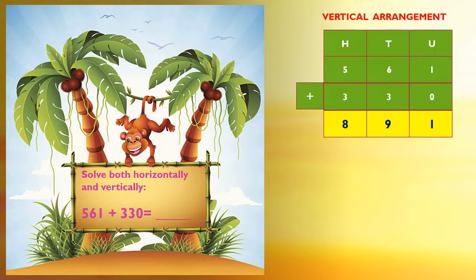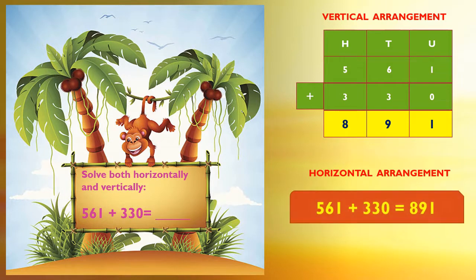Let's add the units first. 1 plus 0 gives us 1. 6 plus 3 tens gives us 9 tens. 5 plus 3 hundreds gives us 800. So our answer is 891. Similarly, the horizontal arrangement will be in a sleeping line.